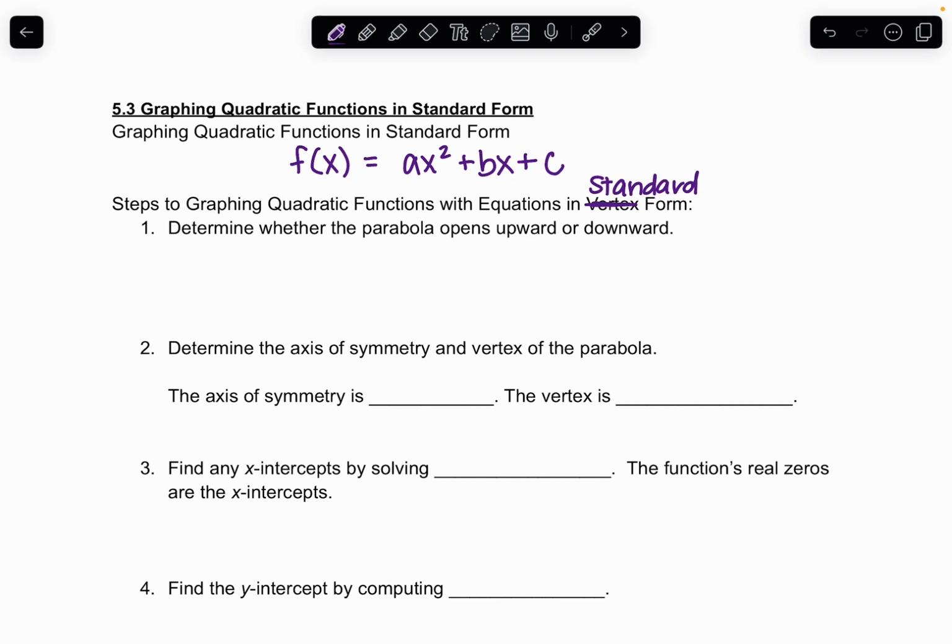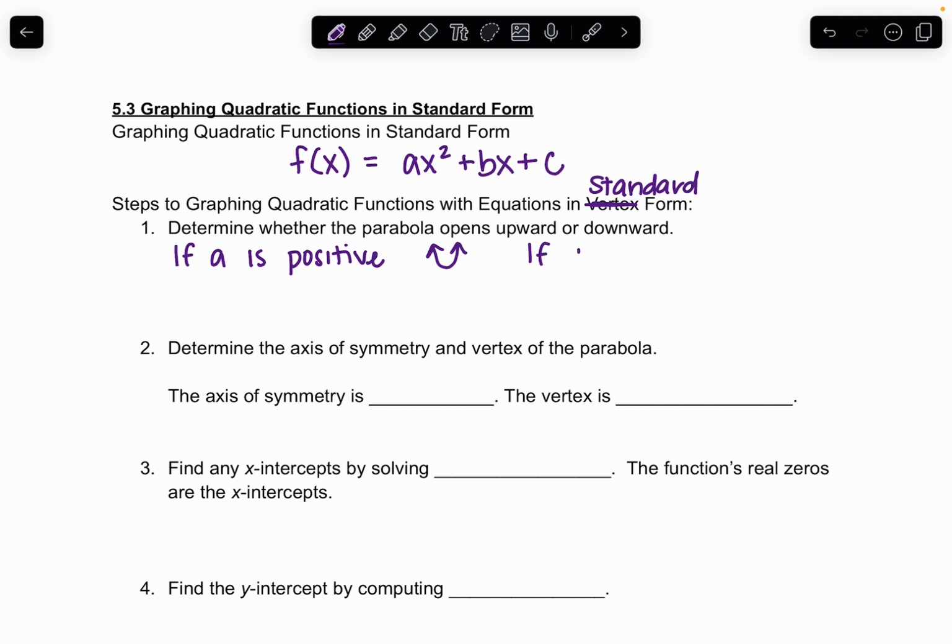First thing we need to determine is which way our parabola is facing. This is going to be the same as what we did with vertex form, where we're looking for our value for a. So if a is positive, our parabola is facing up.